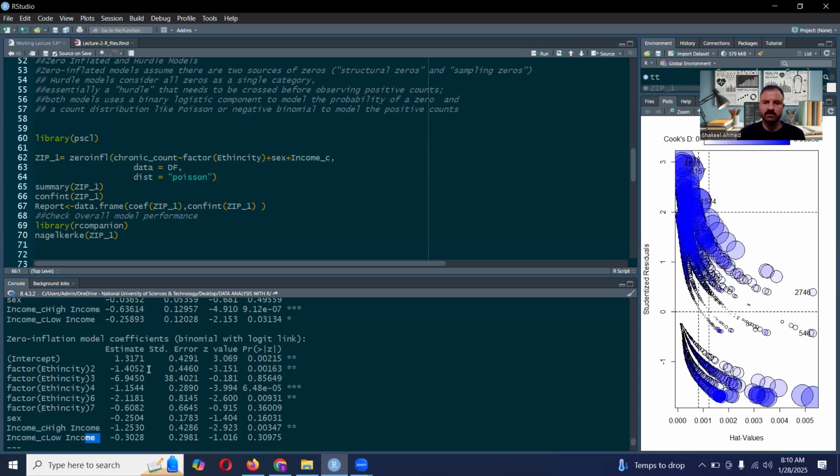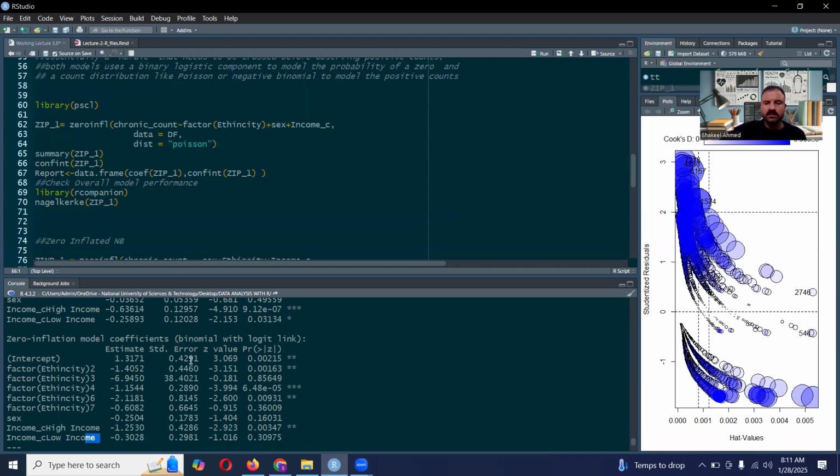So we are deciding on the basis of binomial logistic regression, and then a Poisson regression is used on the sampling zero and other counts, basically starting from 0, 1, 2, 3, and other numbers. And we see how the covariates are affecting the average counts in the Poisson model.